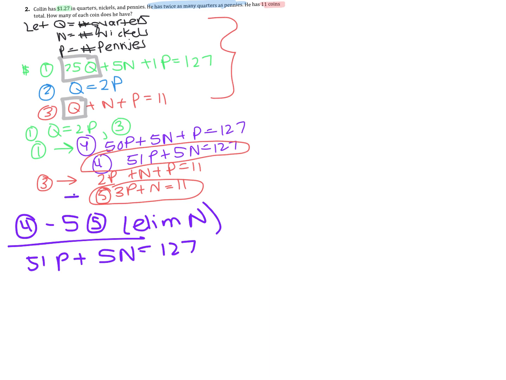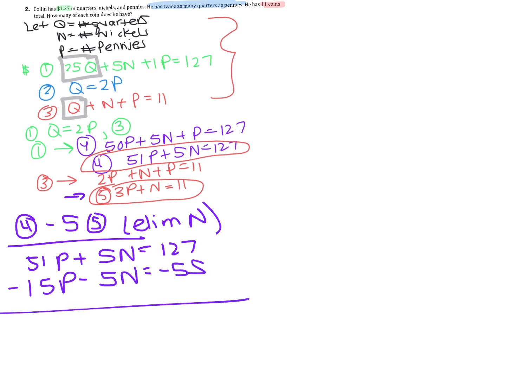If I multiply equation 5 by -5, I'm going to get -15P minus 5N equals -55. And then I'm going to go ahead and simplify. 51 minus 15 is going to give me 36P. My N's are going to add to be 0. 127 minus 55 is going to be 72, so P is going to equal 2.